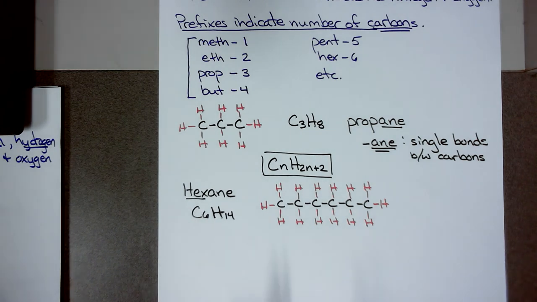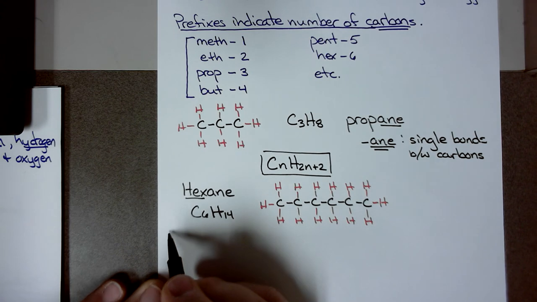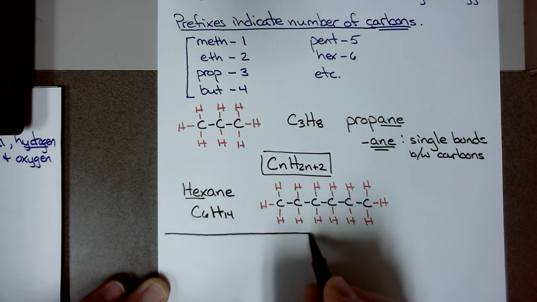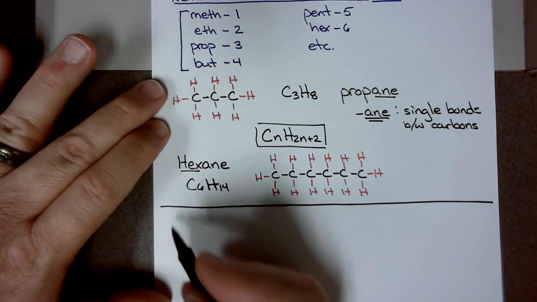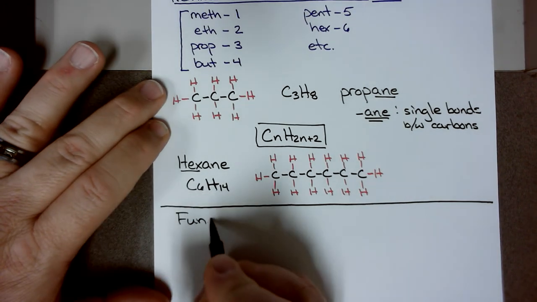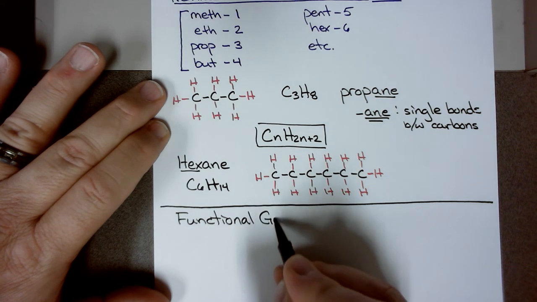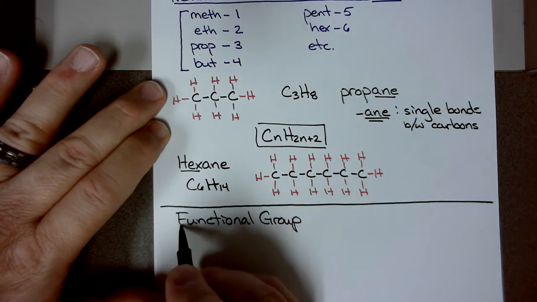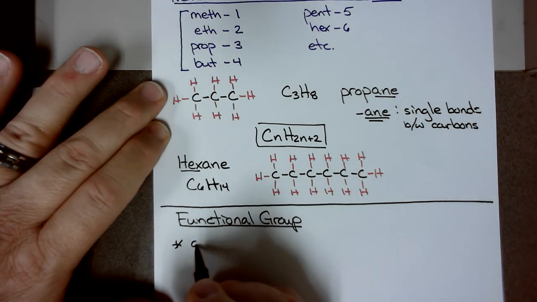But the next thing we want to look at is a functional group, and there are several different functional groups, but we're only going to look at one functional group. And so let's write this down. Functional group. And the functional group that we're going to look at is an alcohol.